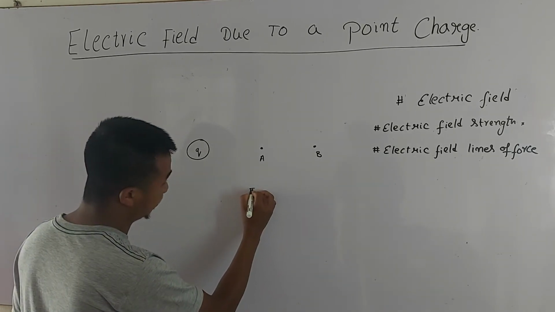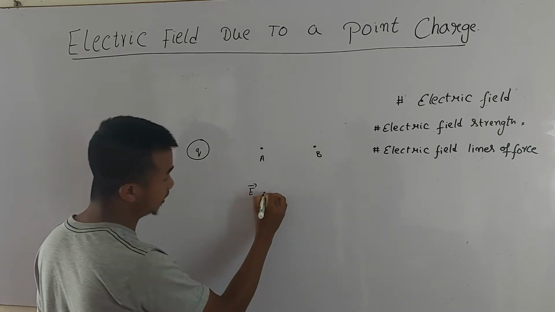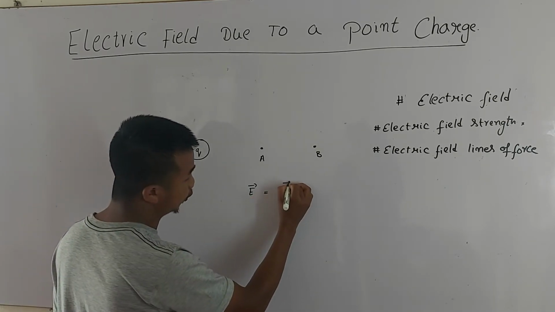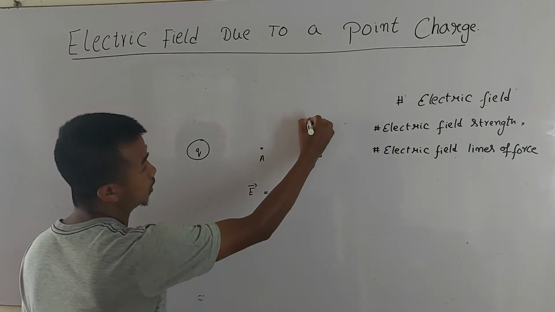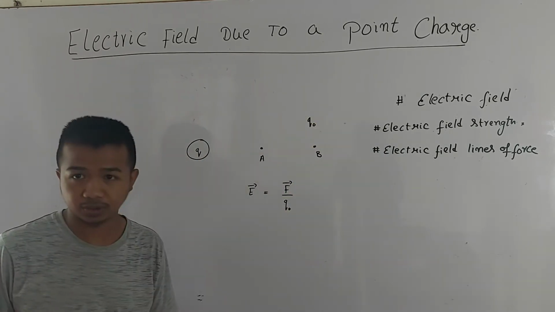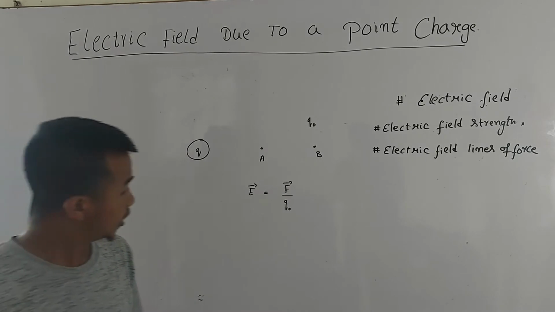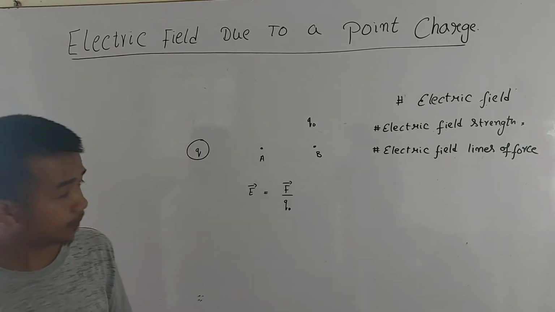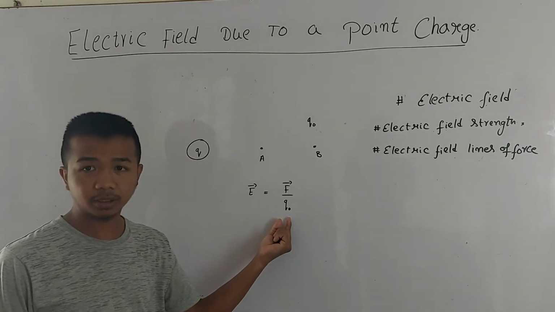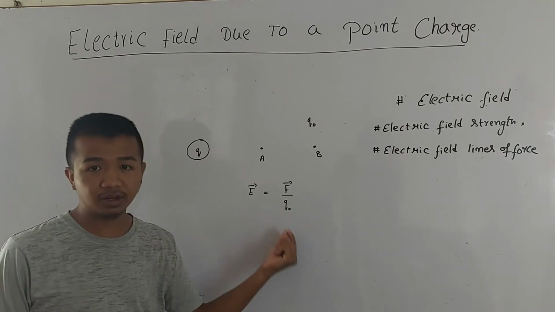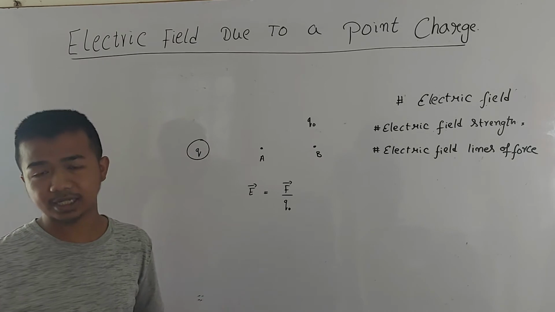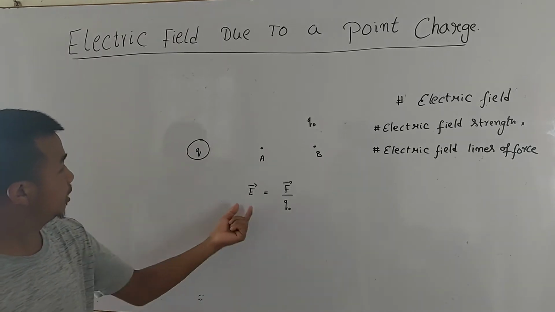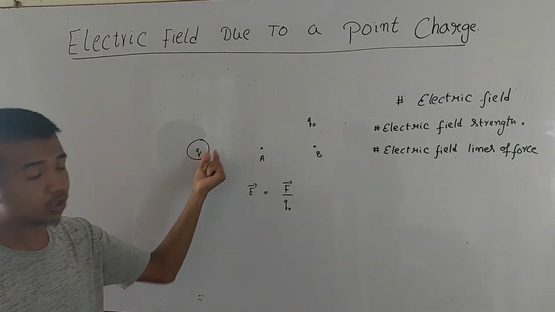So what is electric field strength? The strength of the field is force per unit test charge. Let Q naught here be the test charge. It should be noted that Q naught must be infinitely small, because if Q naught is large, then it will dislocate the source charge.